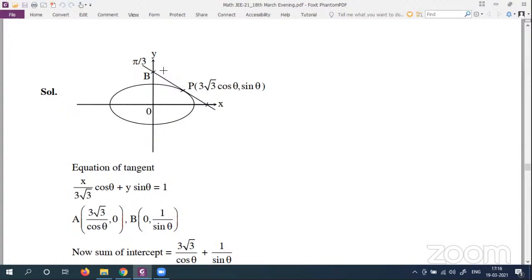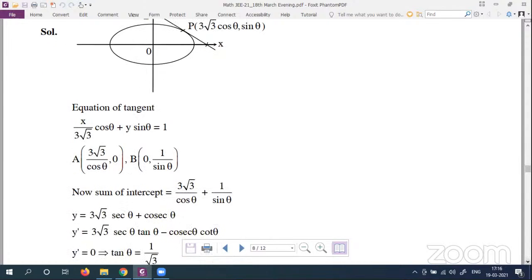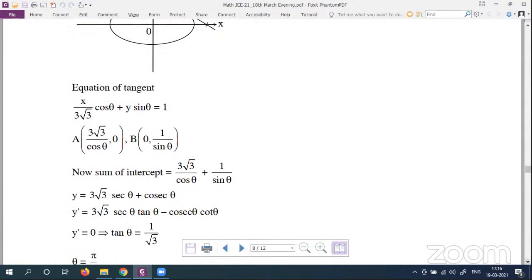Now you can find the equation of the tangent at the point theta. From there you can find the x-intercept and the y-intercept. Once you get the x-intercept and y-intercept, the sum of intercepts will be in this form.